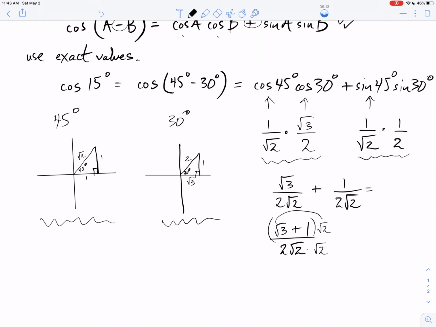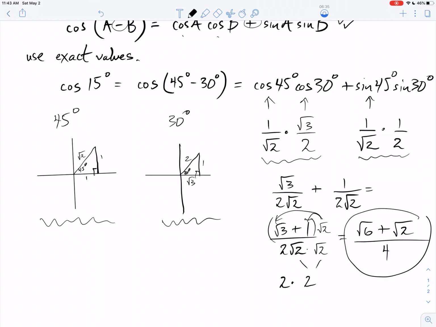And if I do that, I'll get rad 3 times rad 2. What is that? It's rad 6. Plus rad 2 times 1. That's just rad 2. Then on the bottom, I have 2 times, well, rad 2 times rad 2 is 2, so I get a 4.